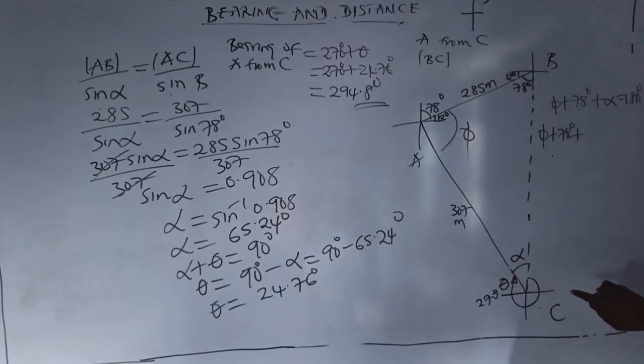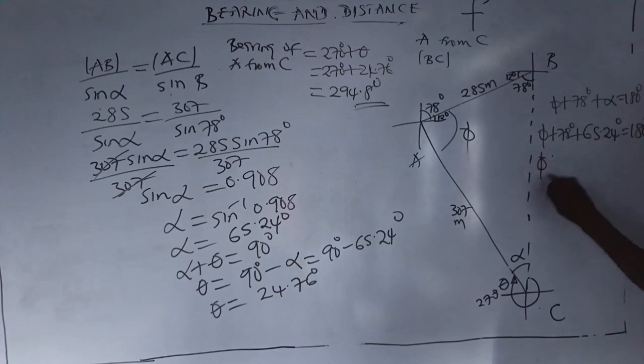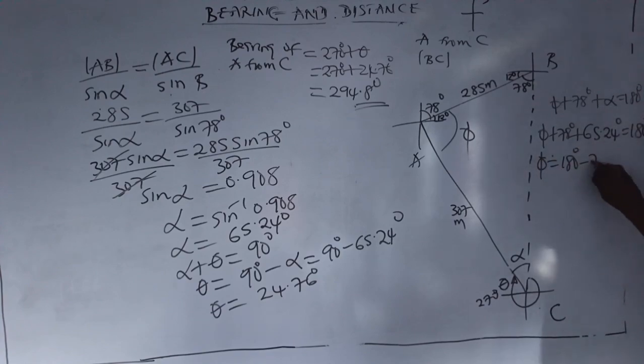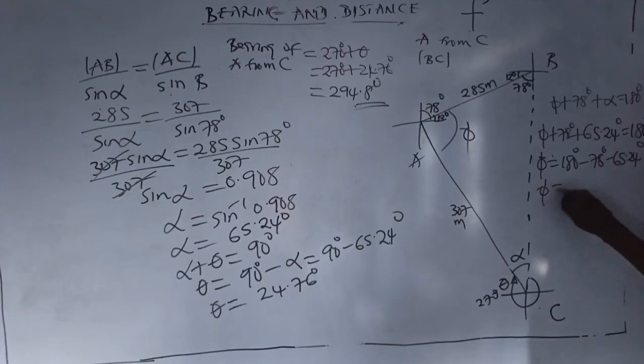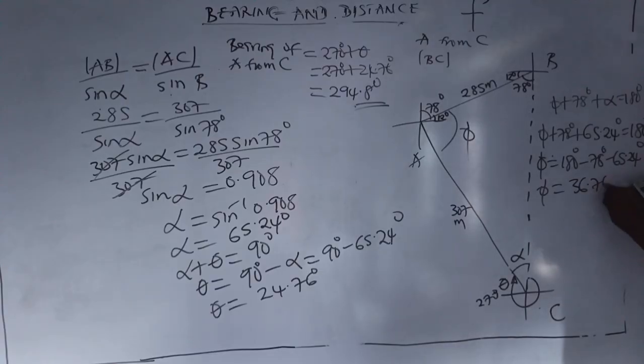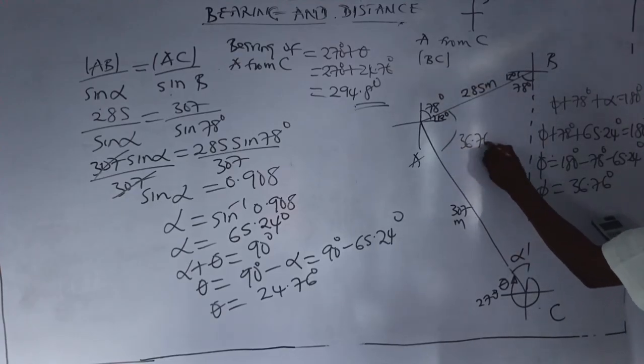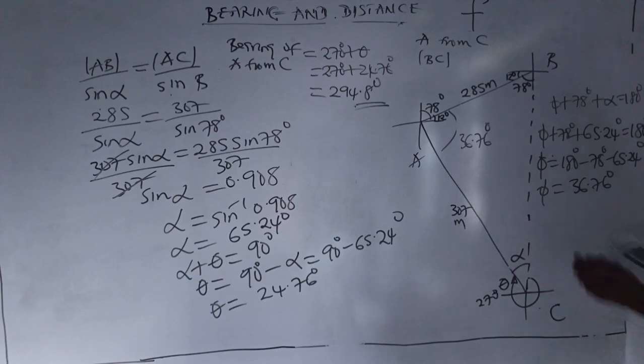My alpha is 65.24 degrees. And phi will be equal to 180 degrees minus 78 degrees minus 65.24 degrees, giving 36.76 degrees. So this angle here is 36.76 degrees.